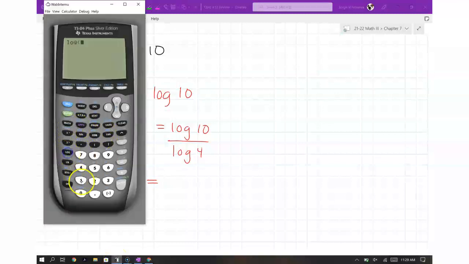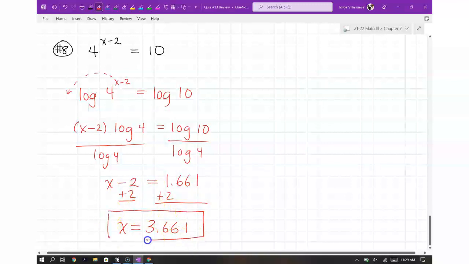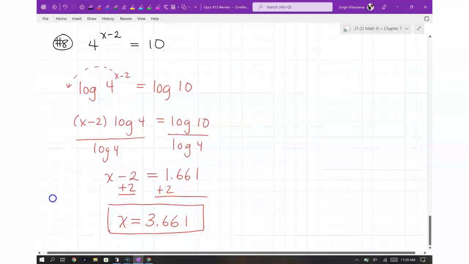So I put log of 10, which should be 1, divided by log of 4. So let's say it's 1.661. So just add 2 to both sides and you're done. So x is equal to 3.661. And there's my answer, 3.661.